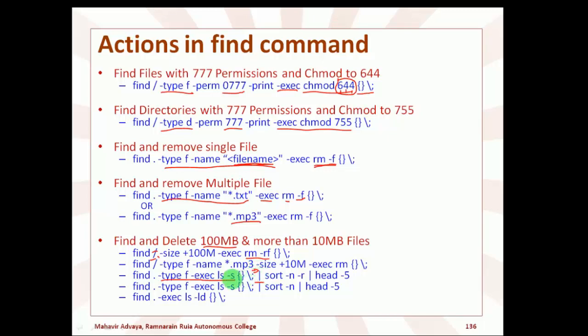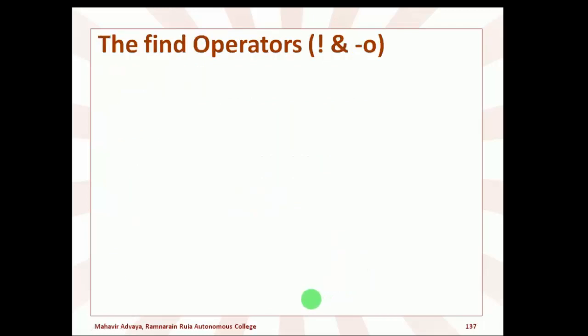The pipe will accept the output of this command as the input and sort the records with -n -r, and then a pipe, so it will show the first 5 lines. You can just execute this command and observe the output. As we have not covered the sort command yet, you may be confused, but you can always execute and check the output of this command.